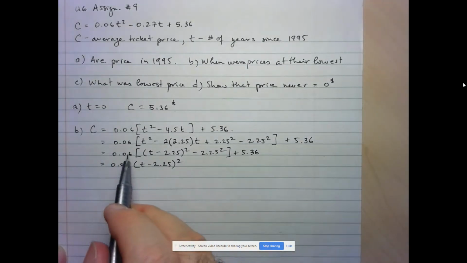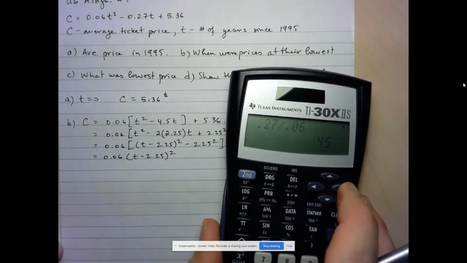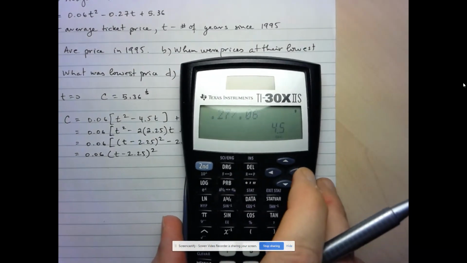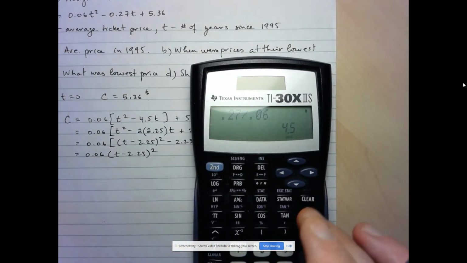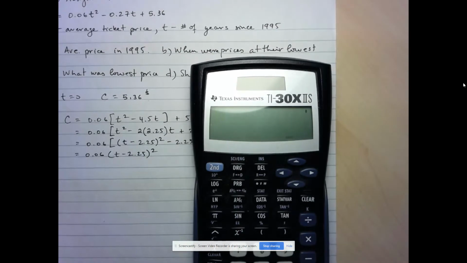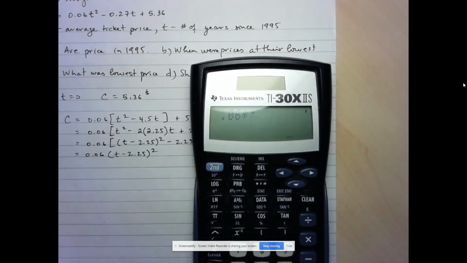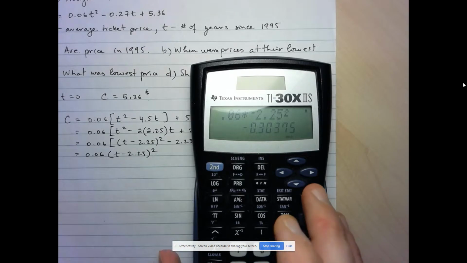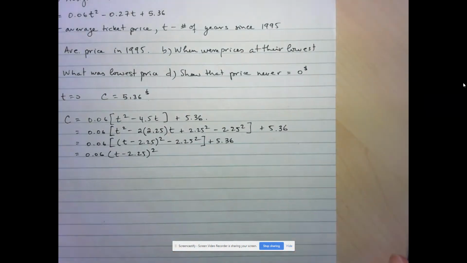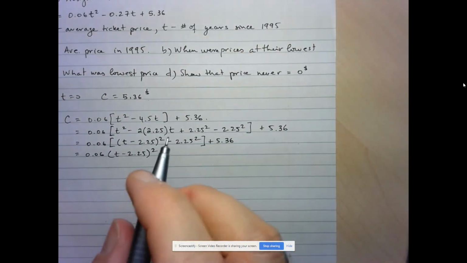Then here, I'll do this on my calculator. We've got 0.06 times negative 2.25 squared, and that gives us 0.30. Since we're dealing with money, I'll just leave it as 0.30.